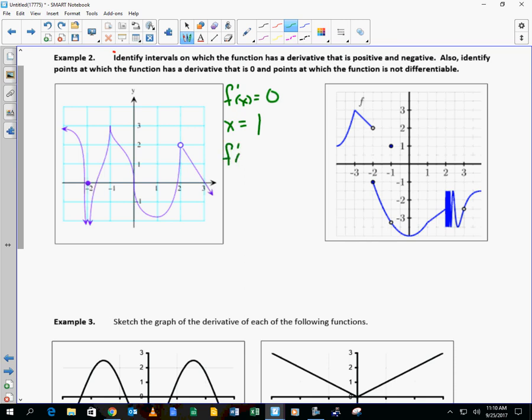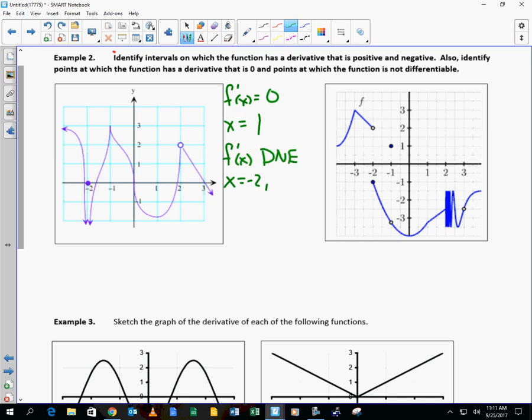Let's look at where f prime of x does not exist. For which values can you not take a derivative? x equals -2. Why? It's discontinuous. You gave an example of why it's discontinuous, which was great, but it is just discontinuous.